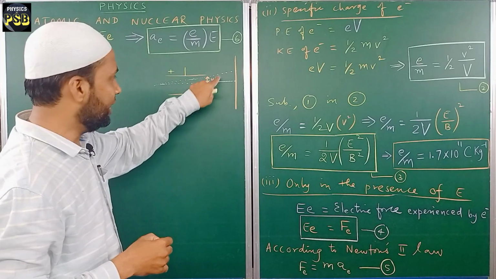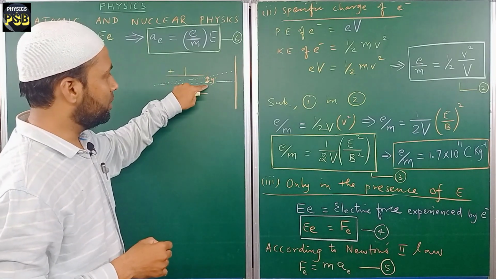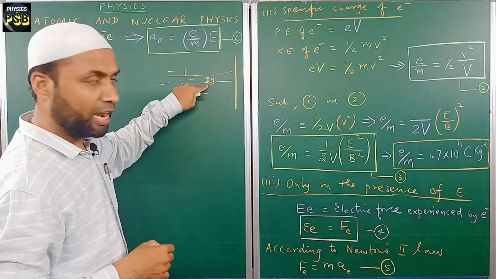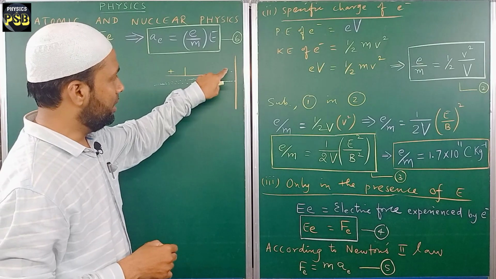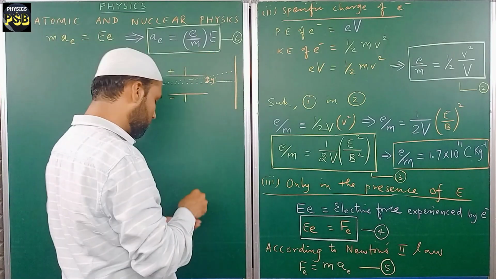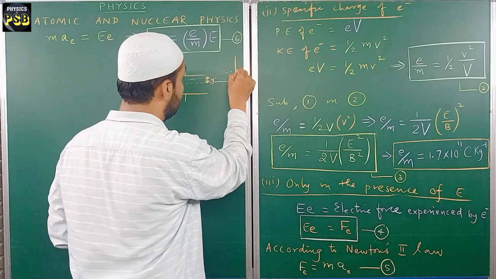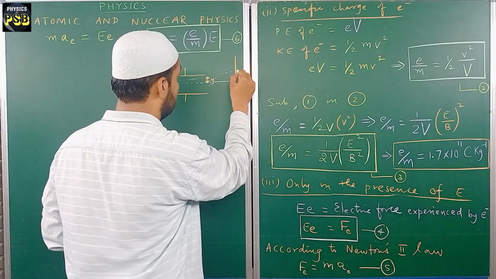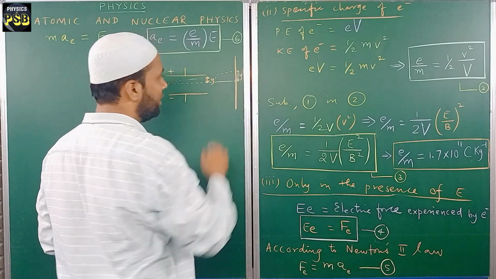Here y dash gives the displacement between the original path and the deviated path. In a similar way, on the screen when it is viewed from outside, the displacement is shown by letter y.